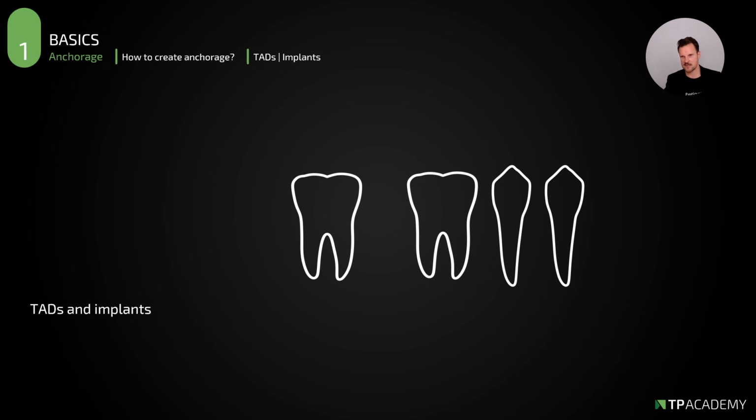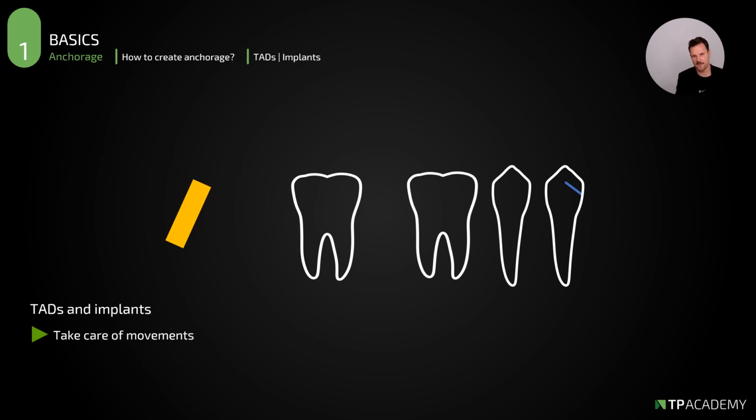Sometimes the best balance is, okay, we program the movements a little bit more simultaneously, but at the moment we do it more simultaneously, we need more anchorage. We need different anchorage. And therefore, yes, of course, we can use TADs, implants, you can use skeletal anchorage to make these movements even more predictable.